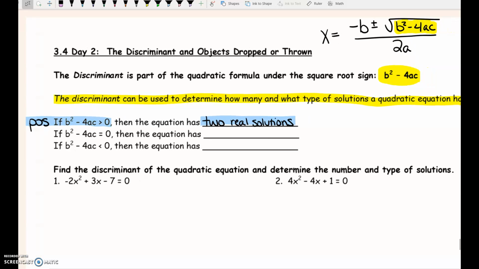You're going to have plus or minus the square root of a positive number. You can do the square root of a positive number, so plus that number and then minus that number gives us our two solutions. This happens when the parabola crosses the x-axis in two places.